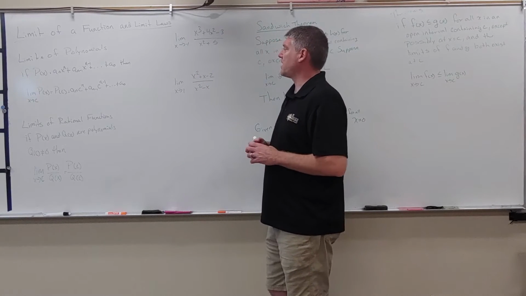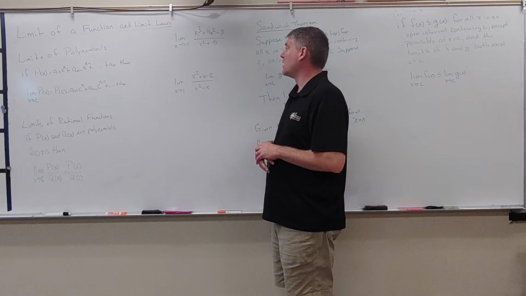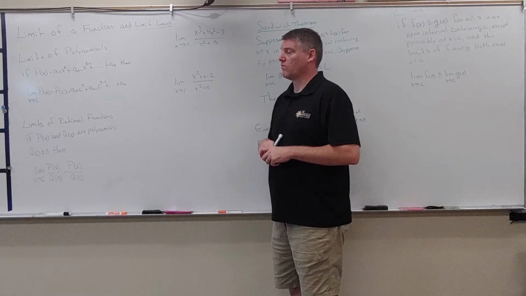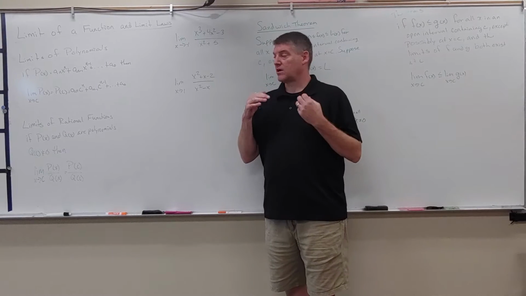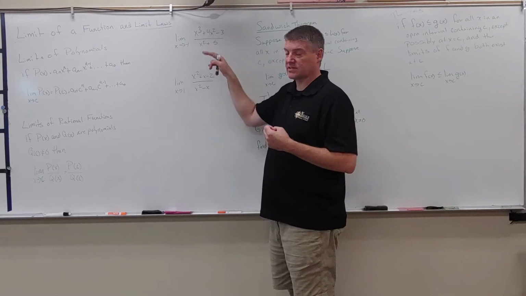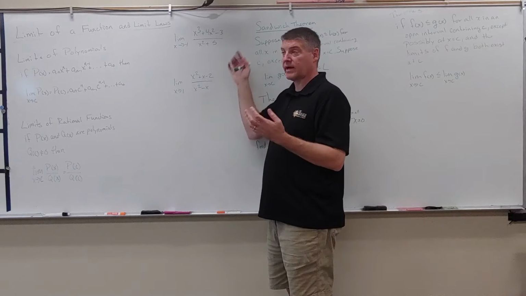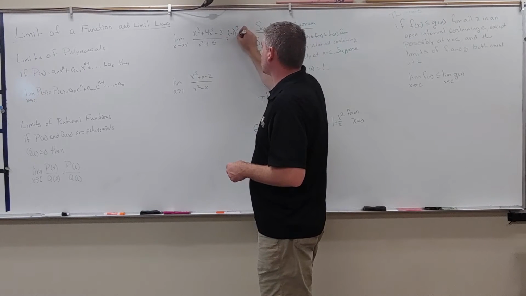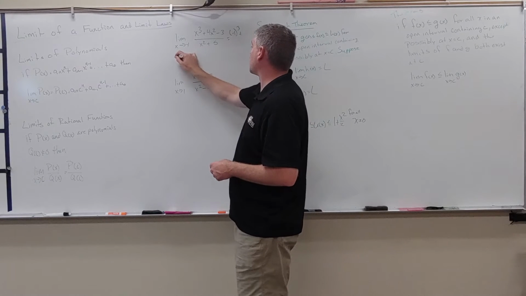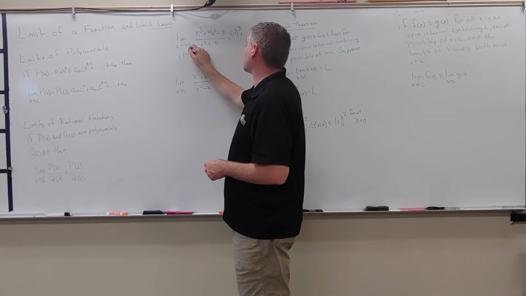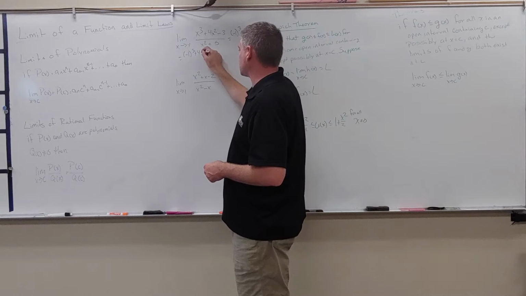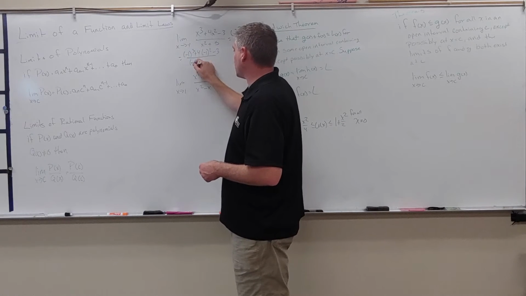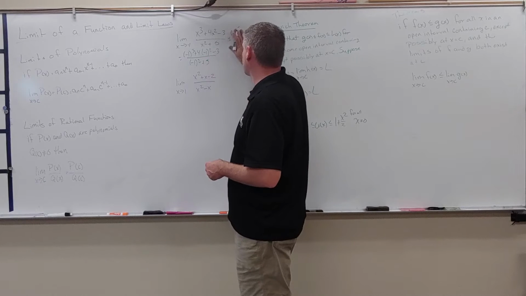It says the limit as x approaches -1 of x cubed plus 4x squared minus 3 over x squared plus 5. What you're going to do is take this -1 and plug it in. So I'm going to plug in, well, I probably should do it down here: (-1) cubed plus 4 times (-1) squared minus 3 over (-1) squared plus 5.